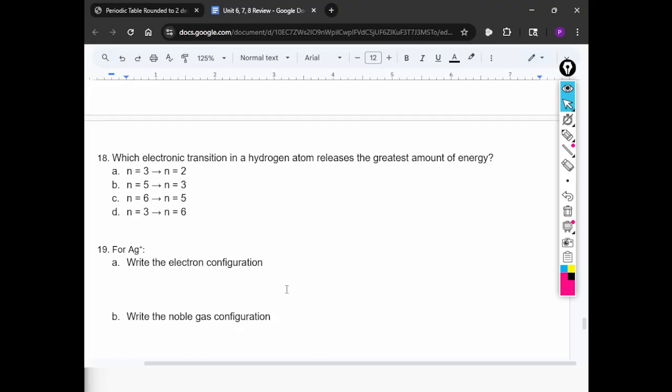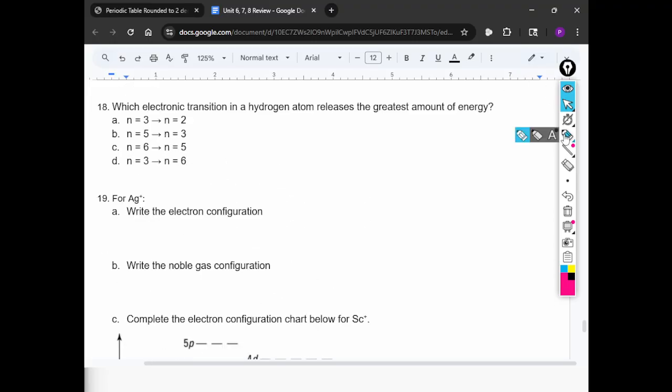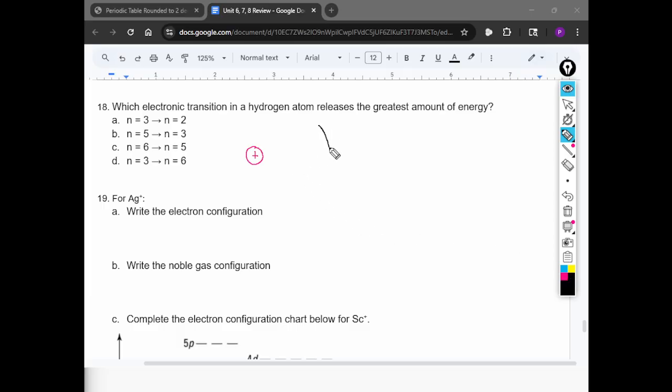The reason I wanted to talk about that is because let's say you have an atom and this is your nucleus, and we're going to look at the energy levels. The first energy level is going to be pretty far from the nucleus. So this is n equals 1. N equals 2 is also pretty far, but not as far as this distance right here.